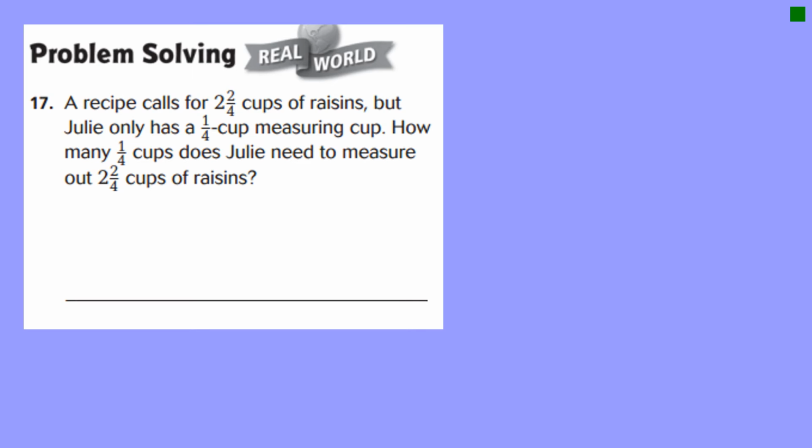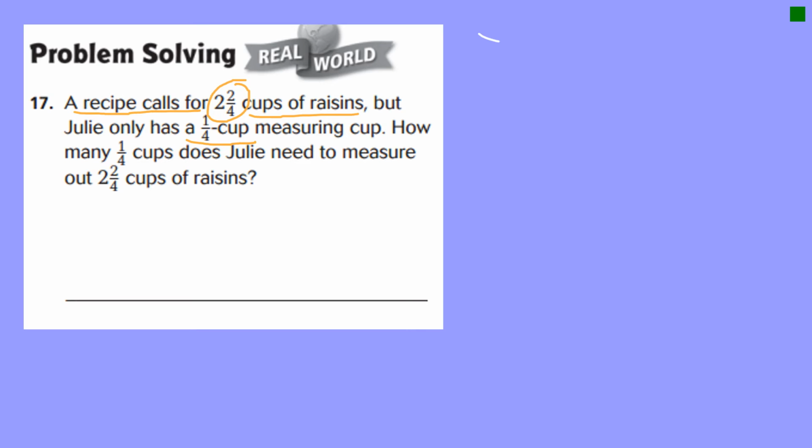So let me go back and reread this. When somebody says a recipe calls for, it's not like the recipe is yelling out, "Hey, I need 2 2/4 cups of raisins." It means that on the recipe it says it needs 2 2/4 cups of raisins. But Julie only has a 1/4 cup measuring cup.